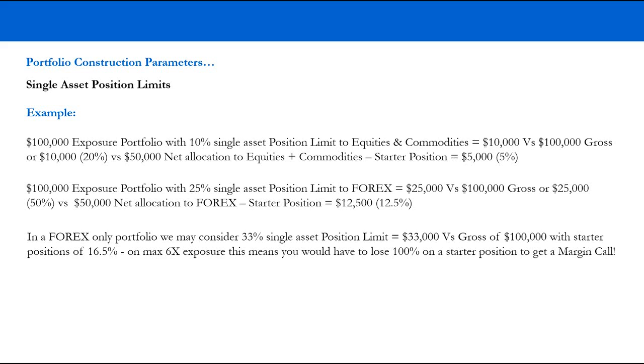Now, of course, you still have gap risk. If you don't want to have that, then you don't have to break limit. You can just run the trade. But you can also increase the exposure and apply a single asset position limit to winning trades.